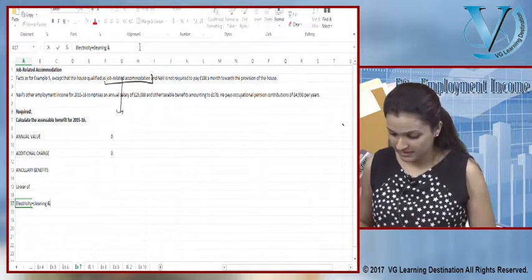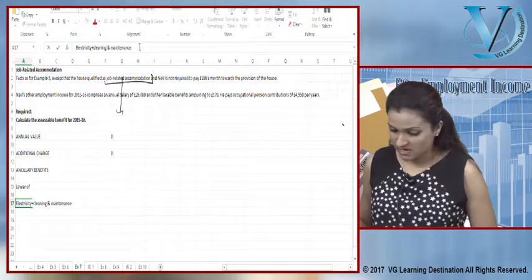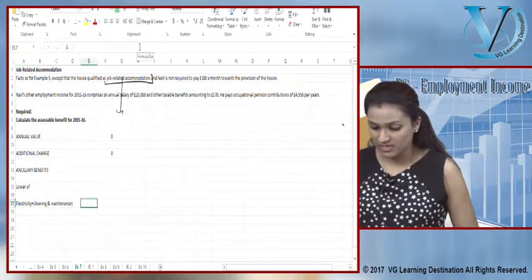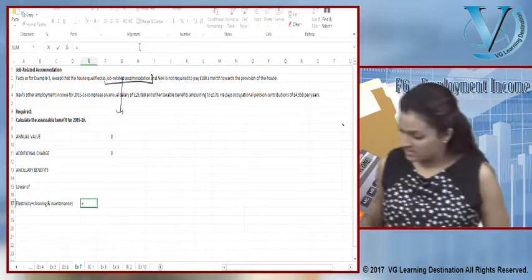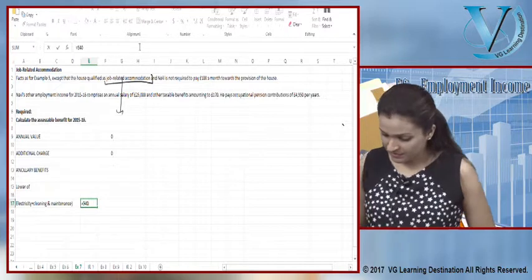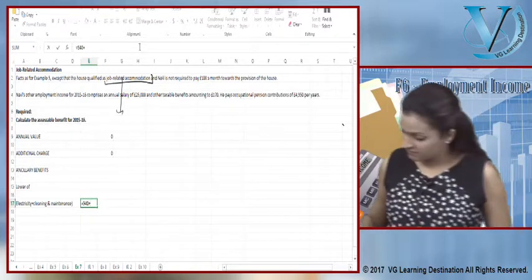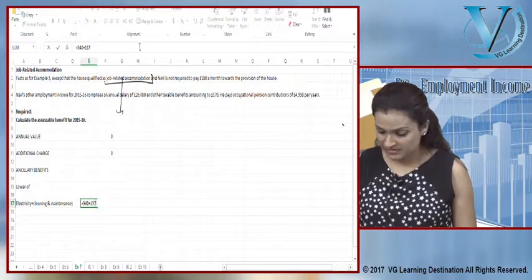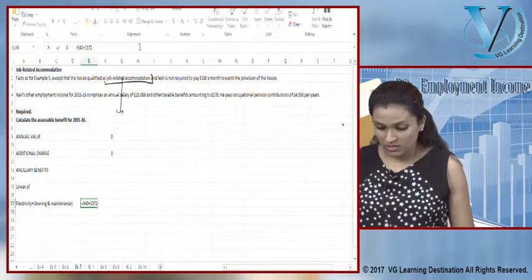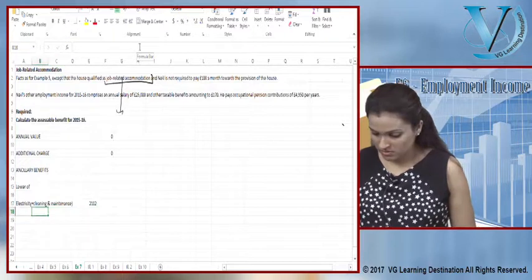Cleaning and maintenance. Why? Because council tax again is assumed to be 0. So can we just include these two figures? Electricity is 540. Your cleaning and maintenance 1572.